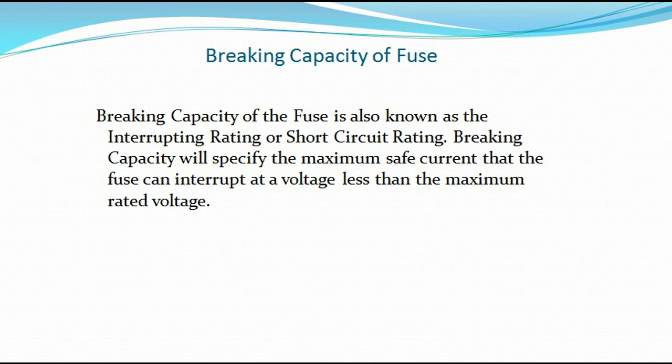The maximum safe current the fuse can interrupt at what? A voltage less than the maximum rated voltage. It means that it will not be above that voltage rating of the fuse.